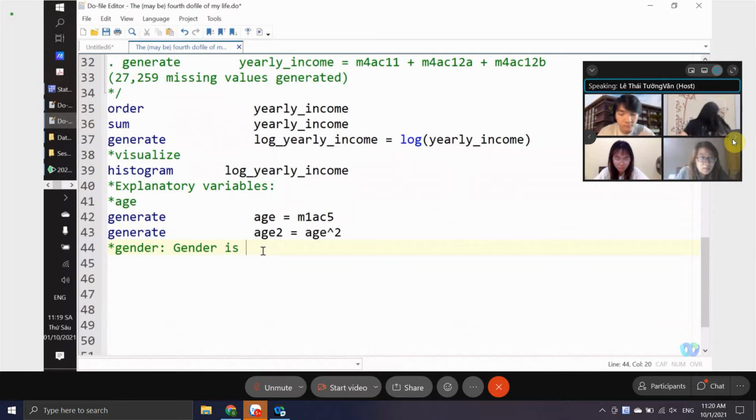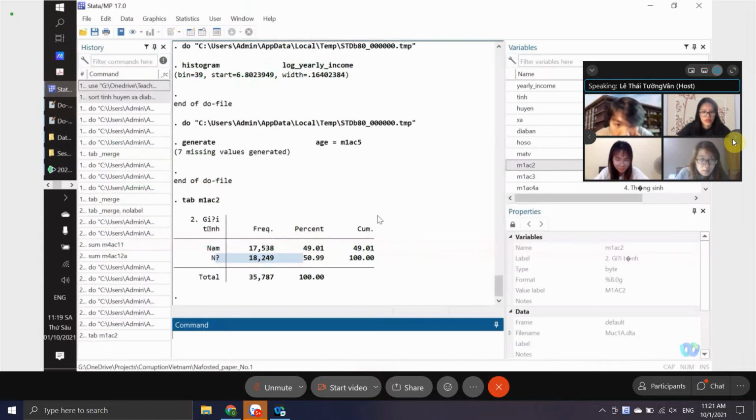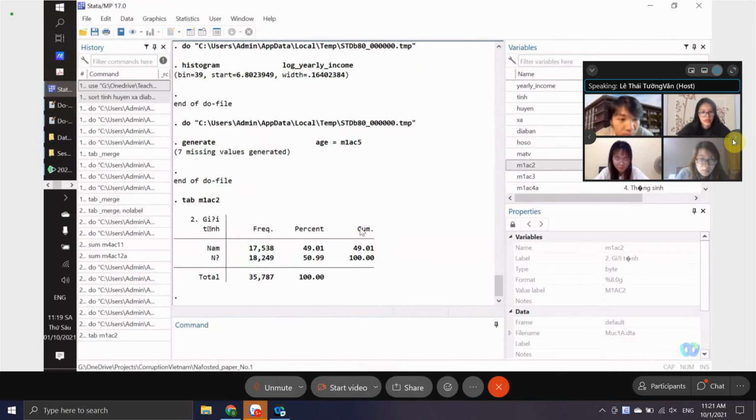It is a categorical variable. In this case, they already code it for you. Number 1 is male. Number 2 is female.